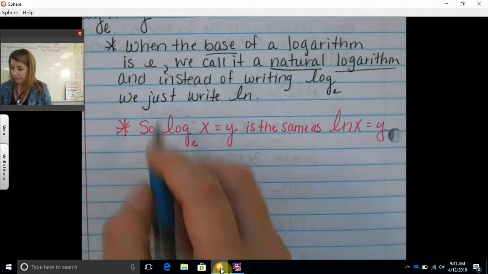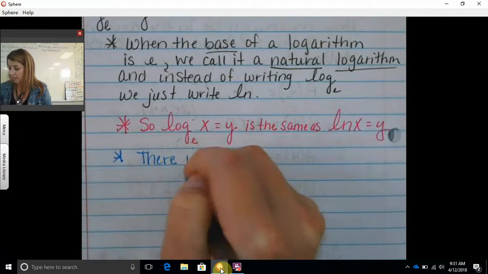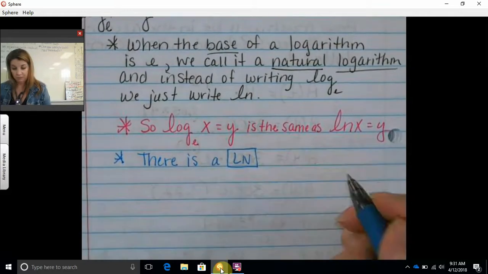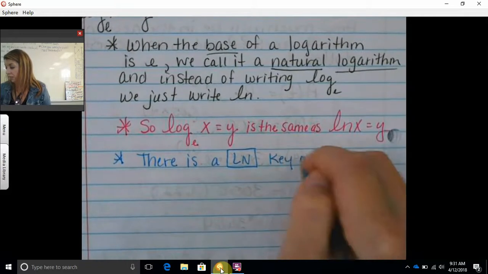And then one more little thing, which I've already said, there is a natural logarithm button, or a key, on your calculator.